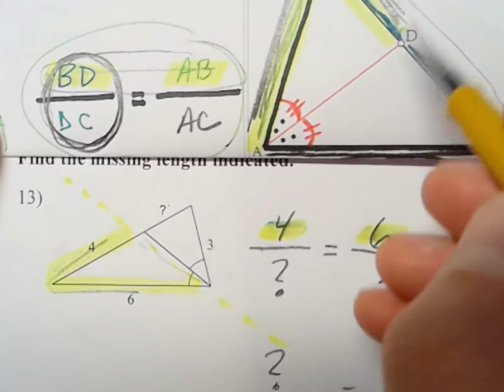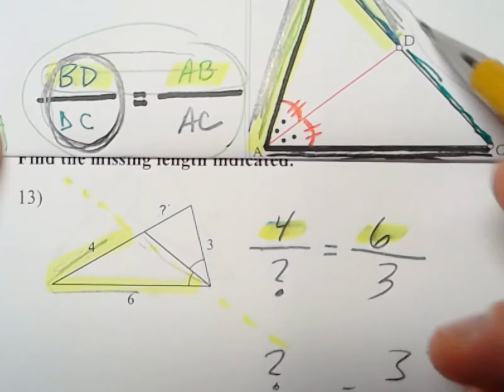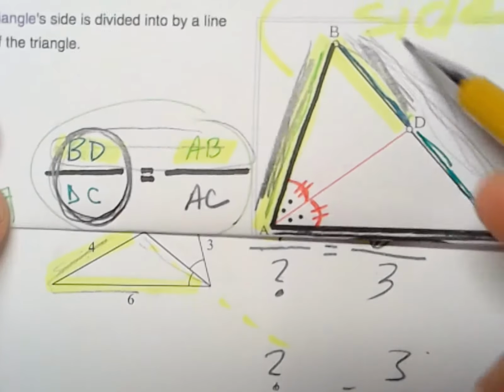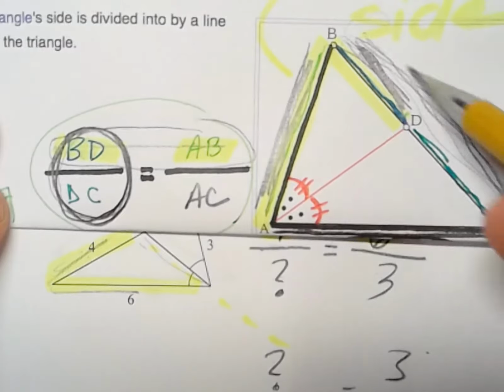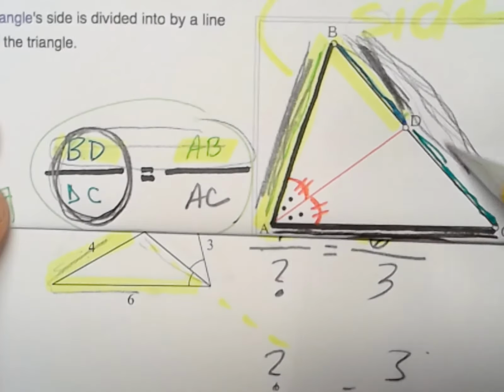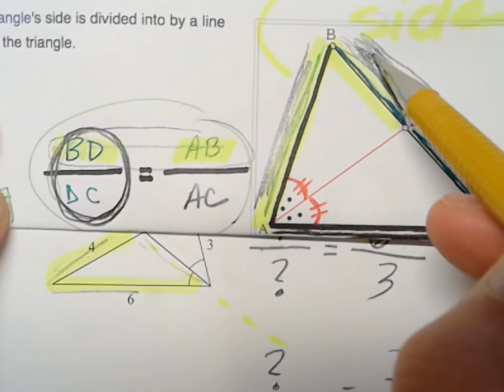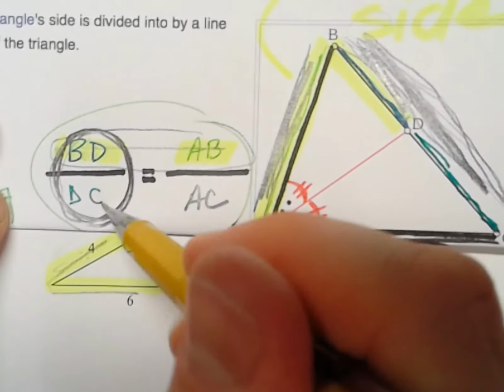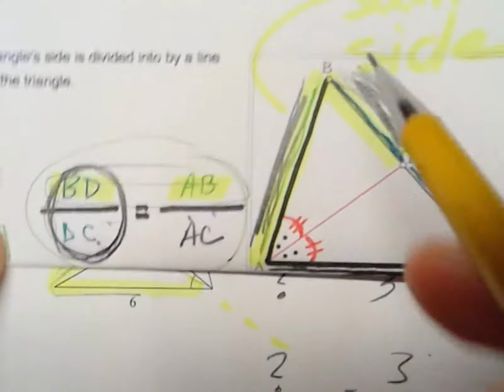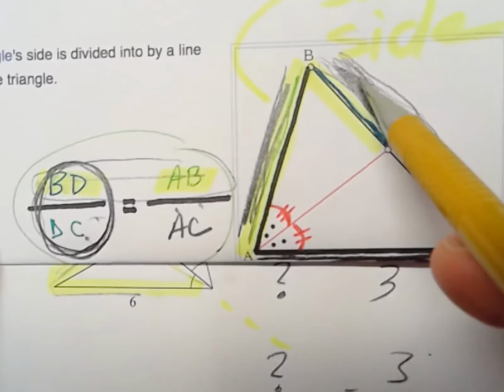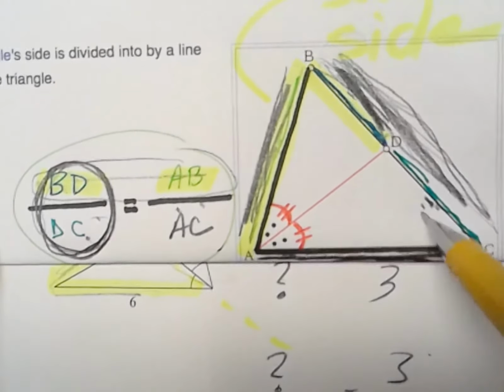Alright, but let's make sure we understand the setup, because that's what's going to make this successful. When you're looking at the side across from the angle that you've bisected, notice that this here is the side across from the angle that has been bisected. That consists of the first fraction. It doesn't matter which fraction, but that is one fraction by itself, BD over DC.